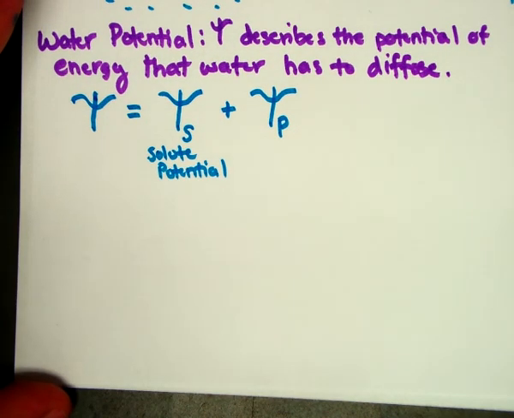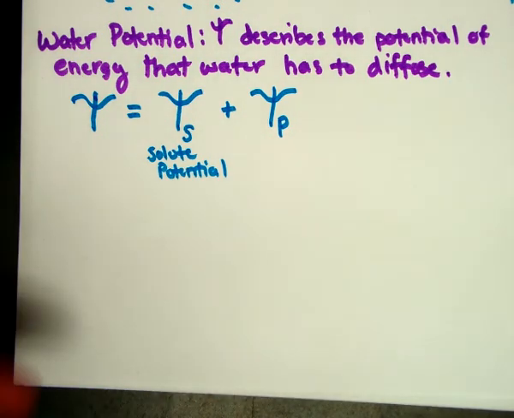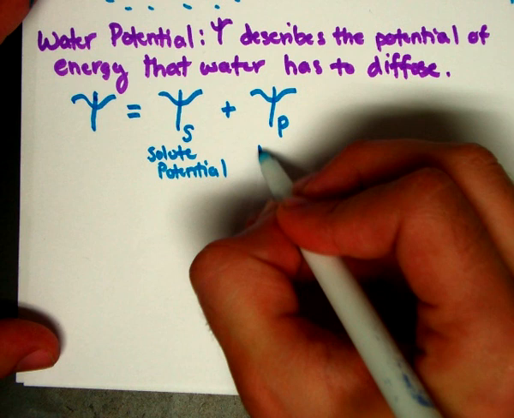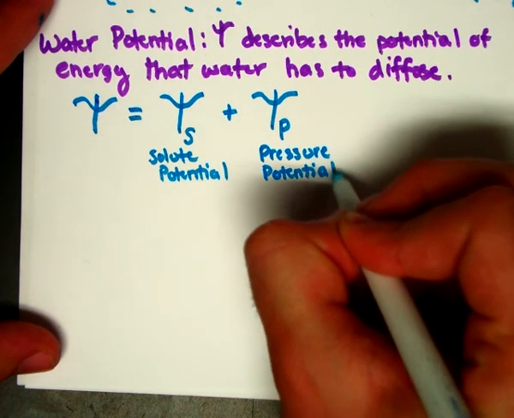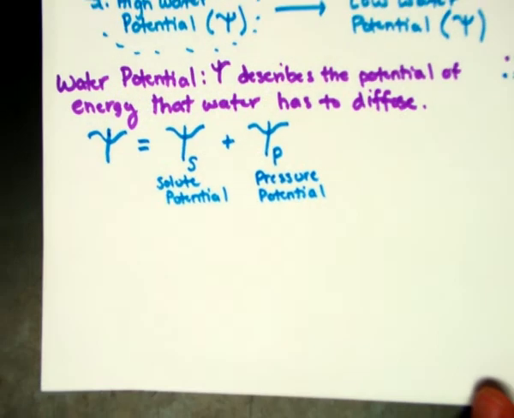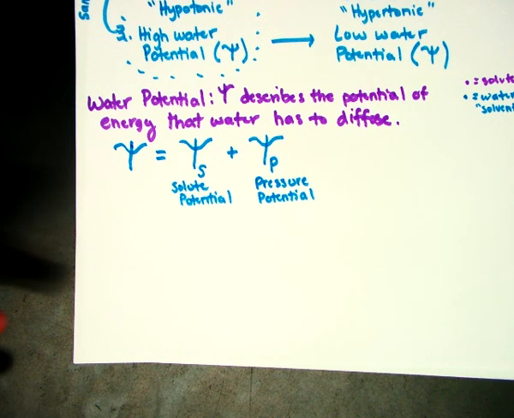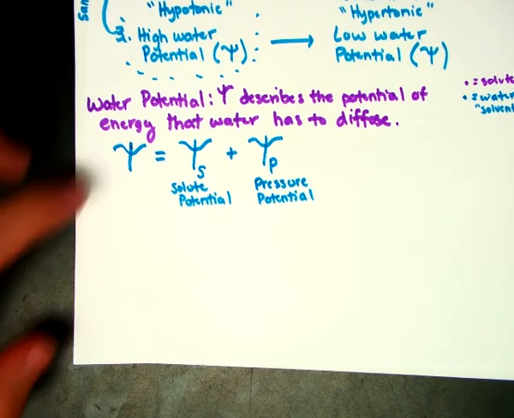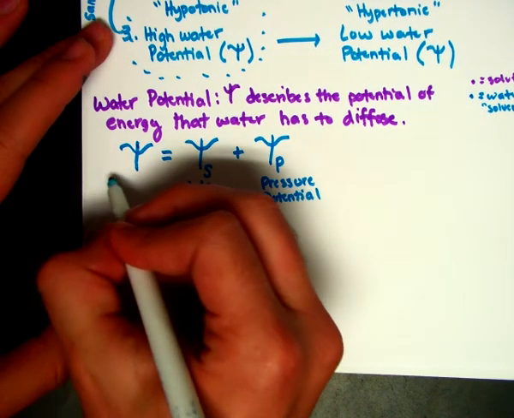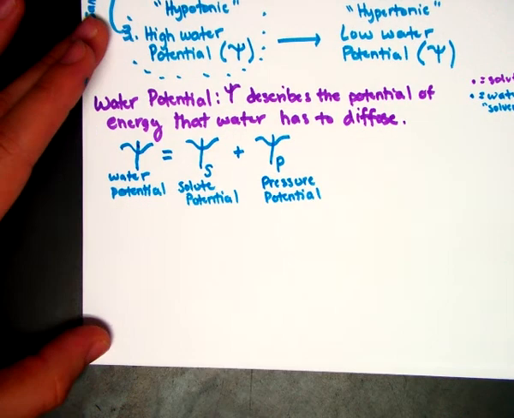We're talking about psi. Psi S is solute potential. Psi P refers to pressure potential. So for the most part, when we can determine psi, which is the overall water potential, so you don't get confused, water potential is the psi without a subscript.